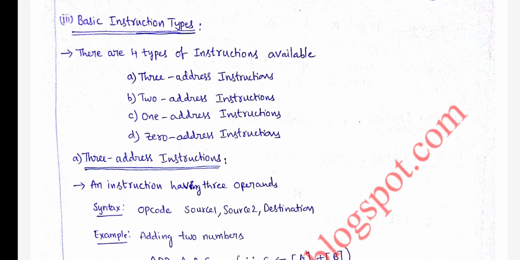We have four different types of instruction formats. First one is three address instruction format, two address instruction format, one address instruction format, and zero address instruction format. These are the four categories or types of instruction formats.